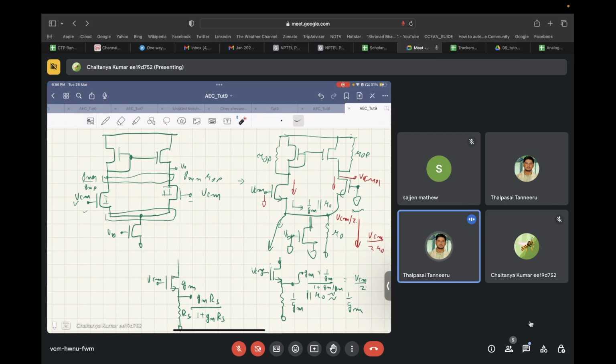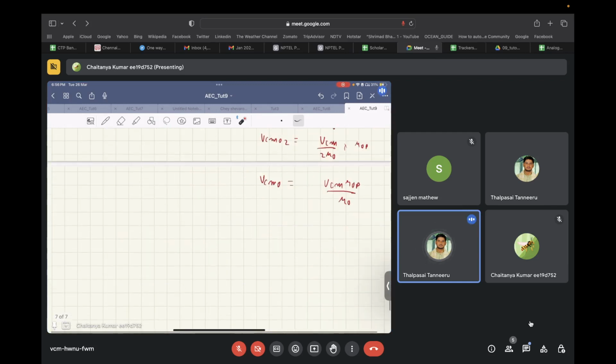So the output due to the common mode is VCM ROP by R naught, and the output voltage due to differential mode was gm times ROP times VD. So overall V out we get as VCM ROP by R naught plus VD gm times RO.